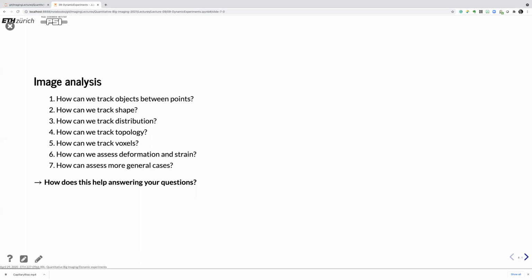And how can we assess even more general cases? So there are lots of questions you have to go into asking. I'm not going to talk about all of these today, but like distribution tracking or shape tracking, I'm mainly going to focus on the things about tracking objects and also making sure that we have the images aligned in the right way.